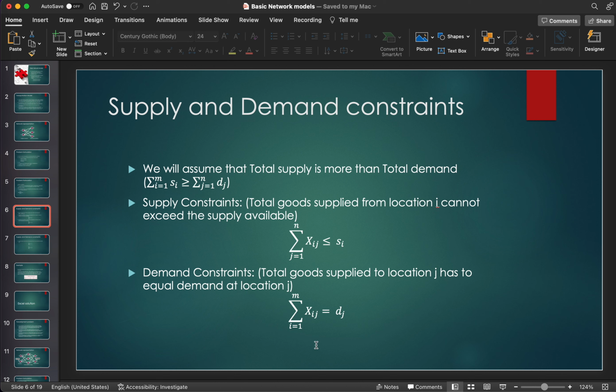So let's first look at the most common scenario where total supply is more than total demand. You're saying that if you add up all the supply values, it is more than if you add up all the demand values.